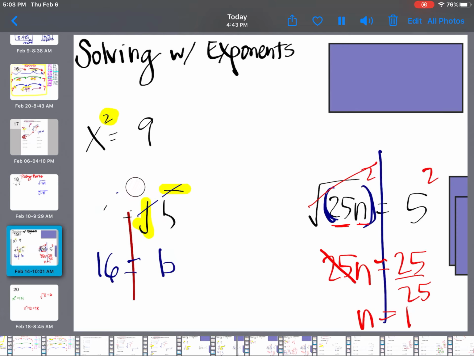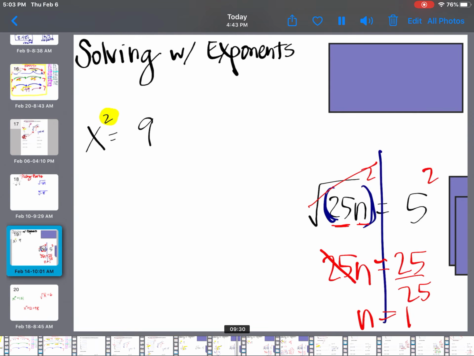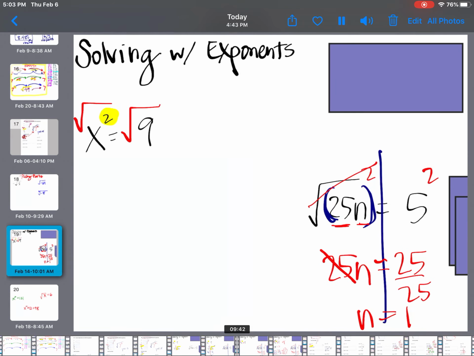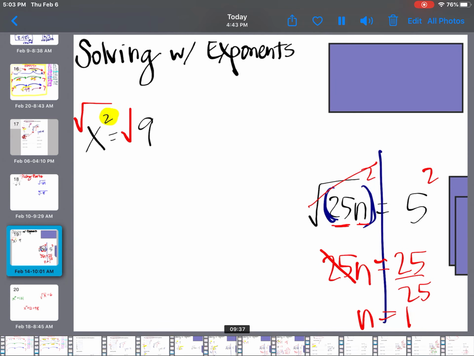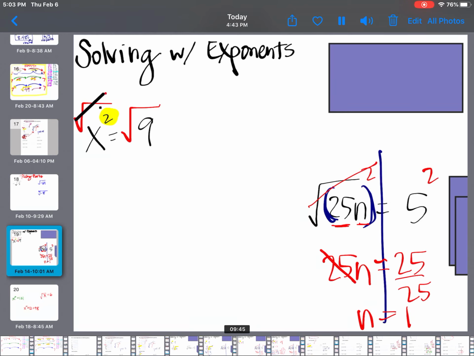So let's look at what happens with this one. This one's a little bit tricky, and here is why. Notice I have a squared on this one. The others we've been dealing with a square root. This one has a squared, and let's talk about why this is tricky. The inverse of squared is square root, so I put one on the x and I put one on the 9, because whatever I do to one side I have to do to the other.